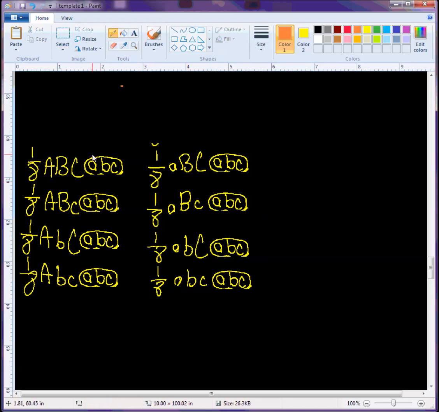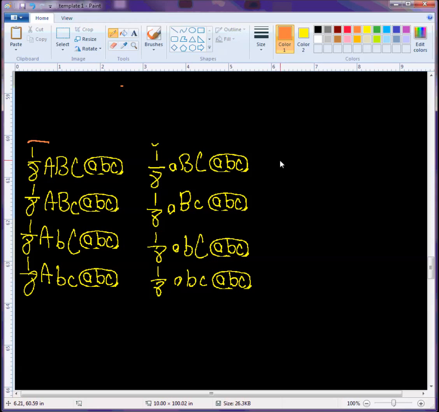Now, let's take a look. So these right here, can we combine any of these? Let's see. Okay, so these are the same. Nope, this is a little c. These are all unique, right? Yes, so these are all unique. So what we're getting here is 8 different genotypes in equal amounts.